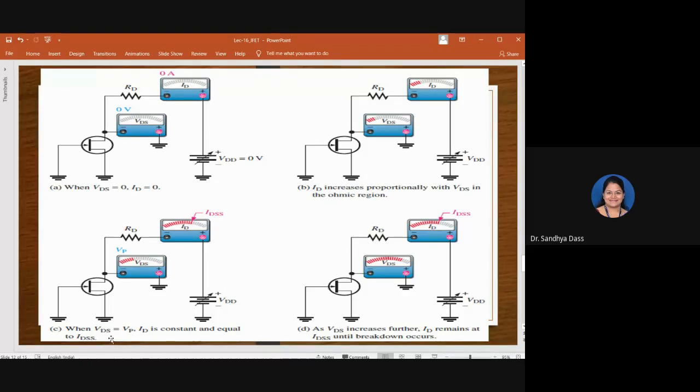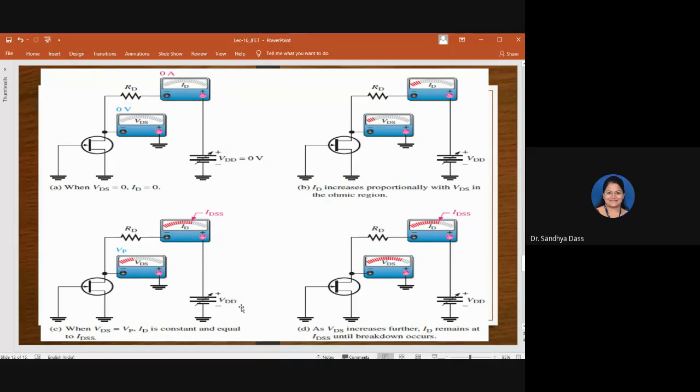When VDS is equal to VP, so now observe that as you have increased VDD, VDS you are increasing and the depletion region is widening. As the depletion region across the PN junction widens, okay, there achieves a pinch off condition, which we call as pinch off region. And the voltage at that pinch off condition is nothing but VP.